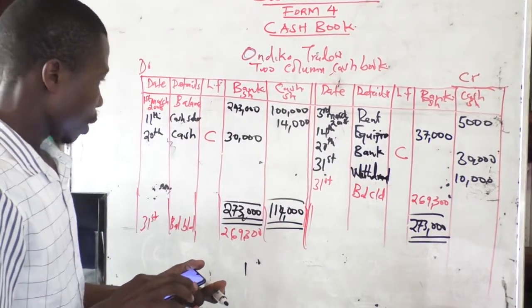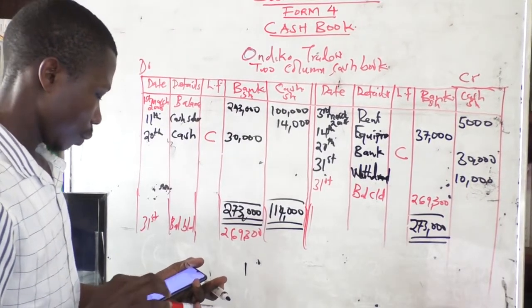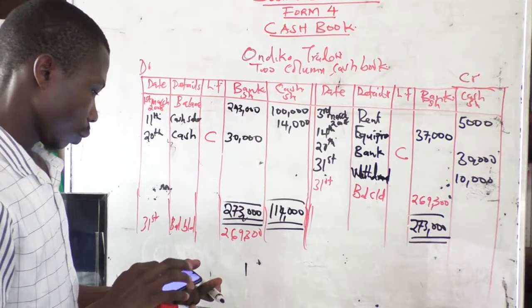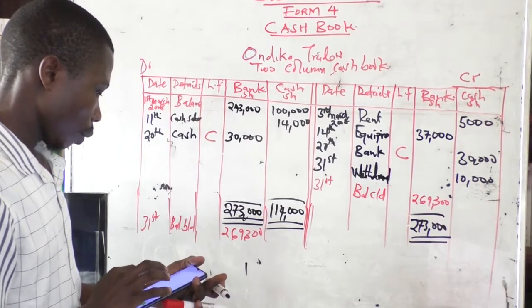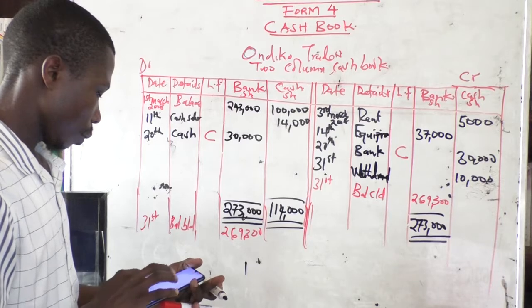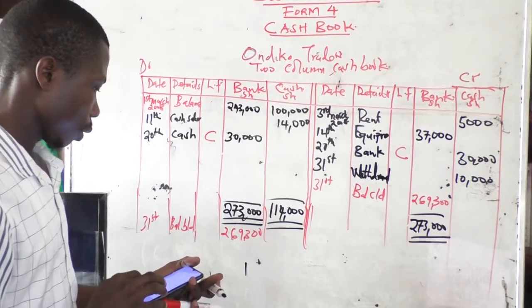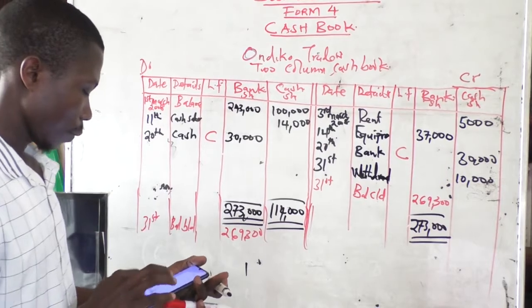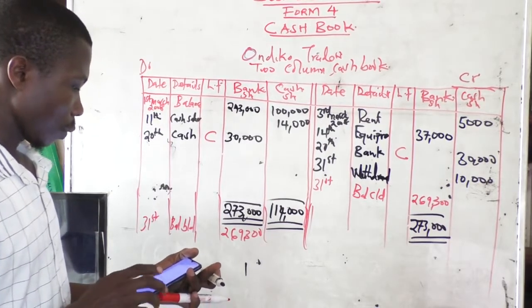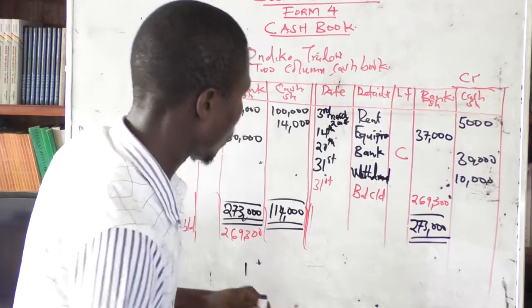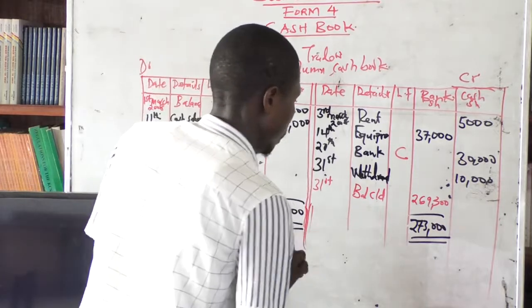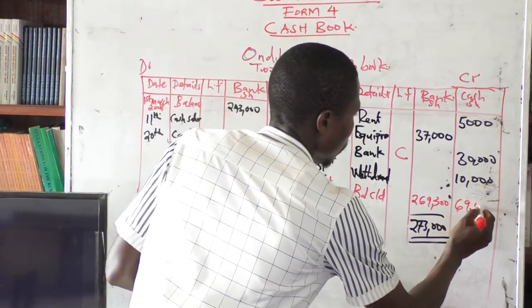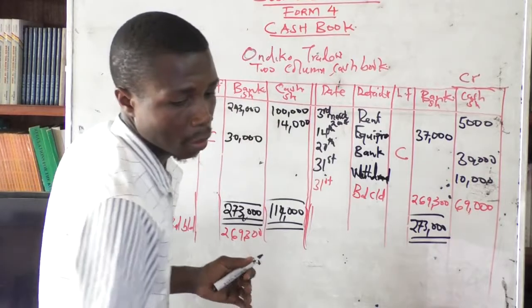So we are going to take that 114,000, subtract 45,000. So that's 69,000.